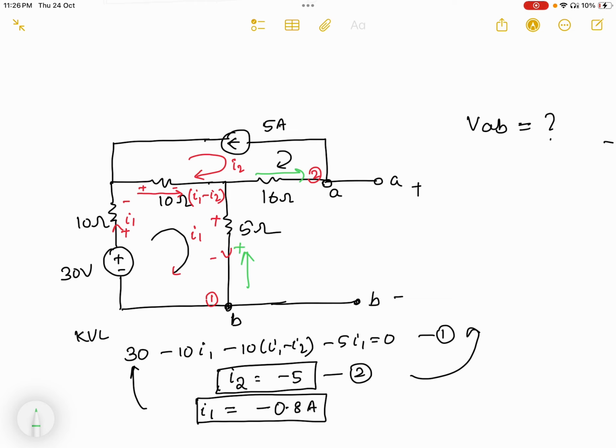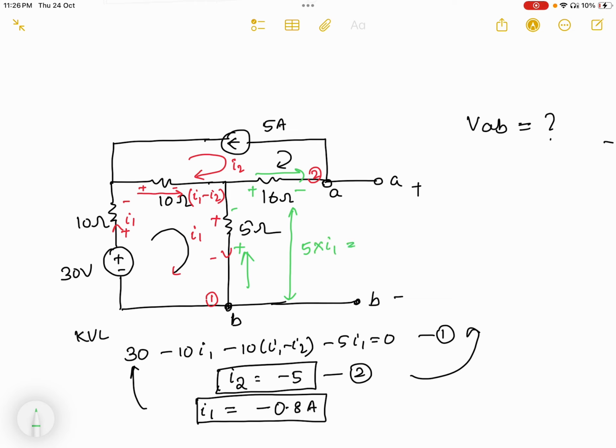Okay. So if current I1 is flowing in this direction, so here I will get actual, current is entering plus, leaving here minus. Similarly, in this 16 ohm resistor, this current will enter here plus, leaving here minus. So now if I1 amount of current is flowing here, what is the drop I will get here? Drop equal to the current into resistance, 5 into I1.